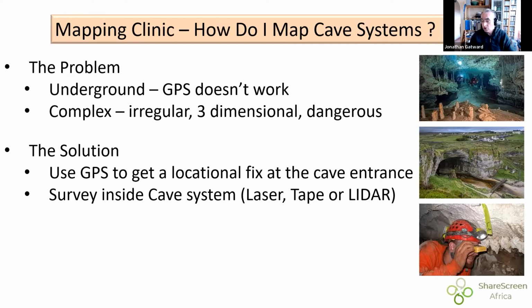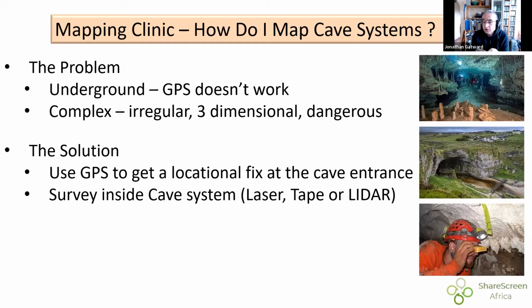So we can use laser measures, the good old-fashioned tape measure or rope distance surveying method, or more commonly these days, LiDAR equipment to give a highly detailed, highly accurate survey of the inside features of a cave system.